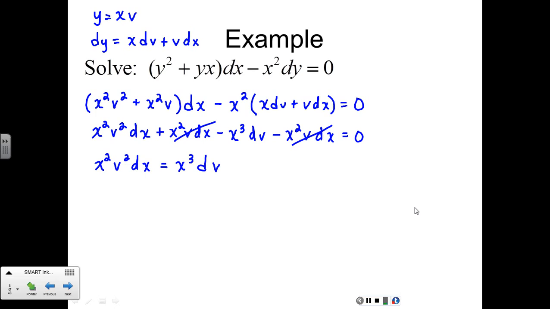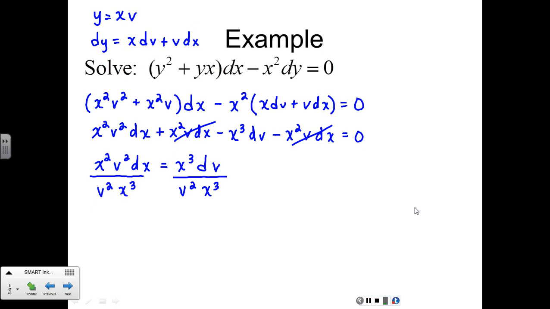Then separate your variables. What do I need to do to separate, guys? What do I need to divide on each side? On the left side, we need to divide off the v squared. What about the right? The x cubed.